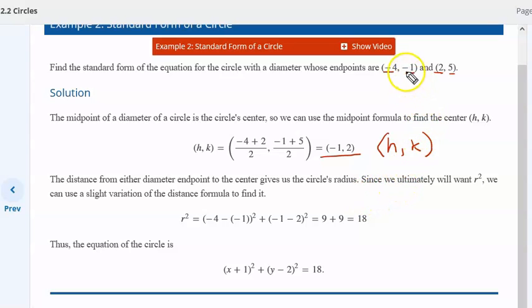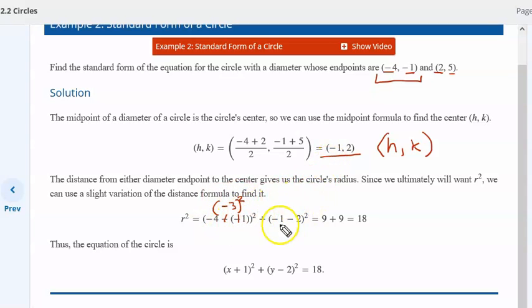And we could use one of the endpoints. Here I see they're using this endpoint to give us a radius. So -4 minus a -1 now, which makes this a +1, which will make this a -3 that we're going to square for this.